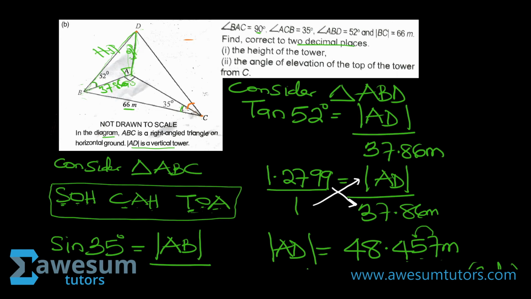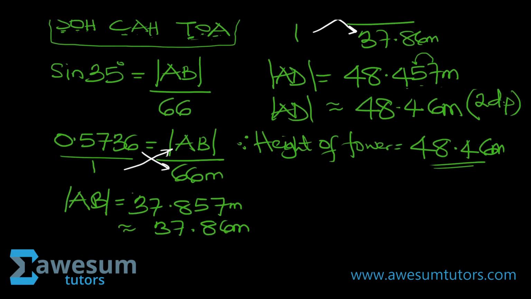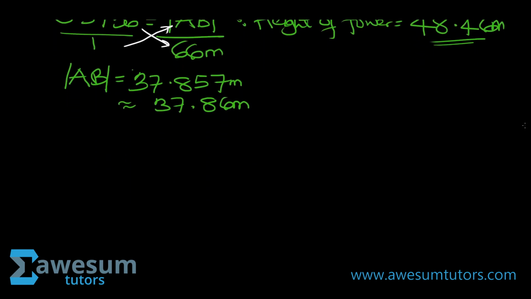So now what I can do is say: let the angle of elevation of the top of the tower from C be Y. Okay, let's write that down. Question Roman figure 2.